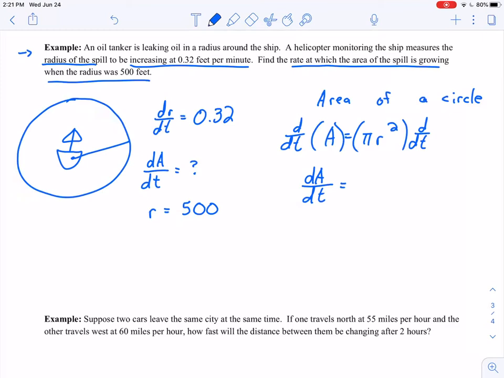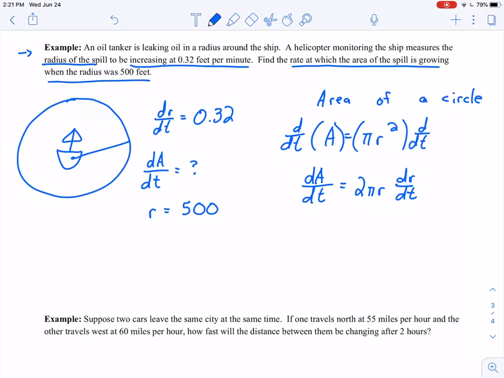It's a long, irrational constant multiple, but it is just a constant multiple. So I will have 2 times pi times r, that's our derivative of pi r squared, times the derivative of r with respect to t. Because we're using implicit differentiation, we need to remember our chain rule, multiplying by the derivative of r with respect to time t.